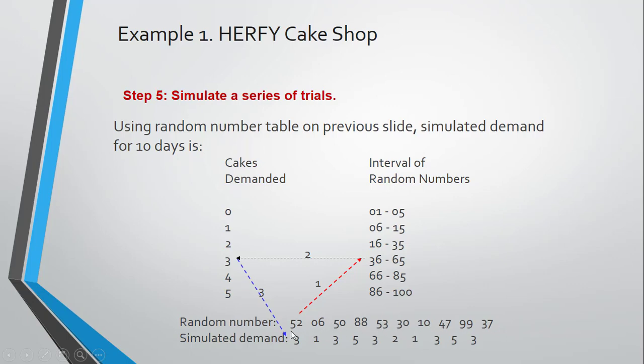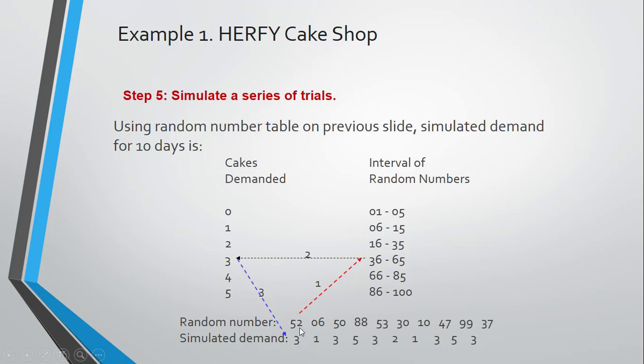When the generated number is 52, you go to the interval. 52 is between 36 and 65, which corresponds to 3 cakes sold, so they put 3 here.